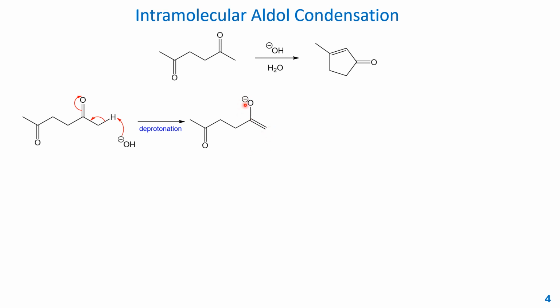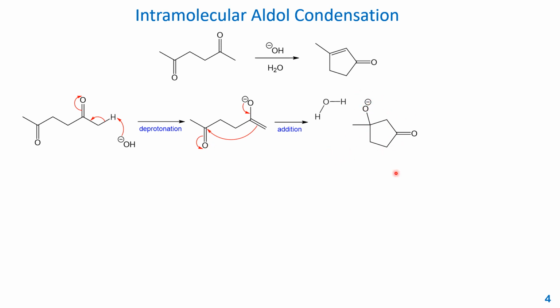So you can see the electron can push back, and this pi electron will be pushed to attack this carbonyl. And then that will push this pi electron to the oxygen to form a 5-membered intermediate. See, this carbon is this carbon. This carbon is this carbon. This oxygen is this oxygen.